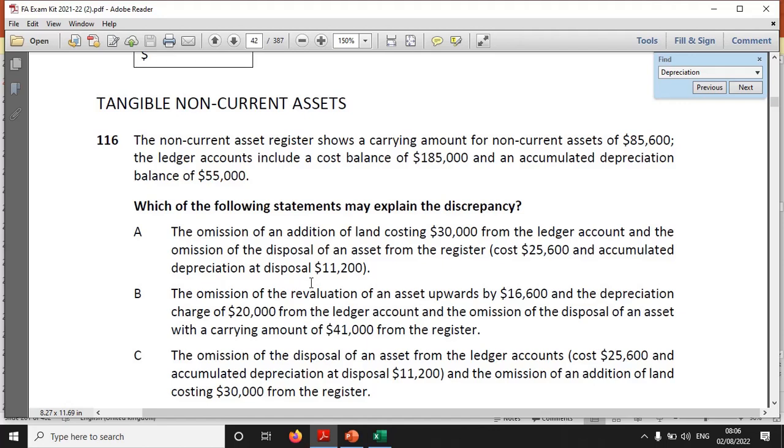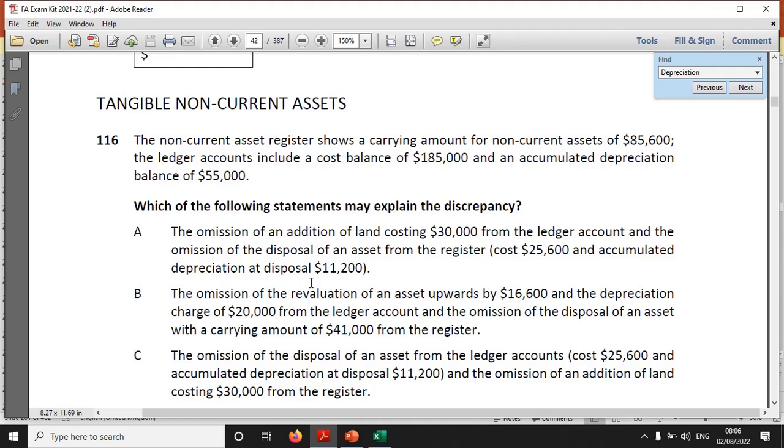assets. The first question says, the non-current asset register shows a carrying amount of non-current assets of $85,600. The ledger accounts include a cost balance of $185 and an accumulated depreciation balance of $55.